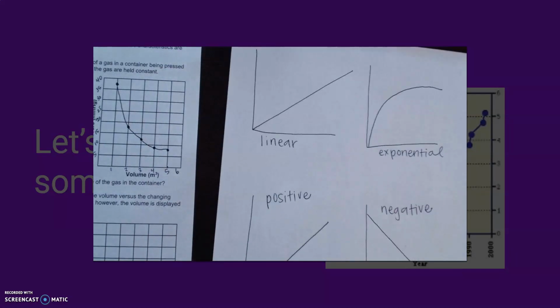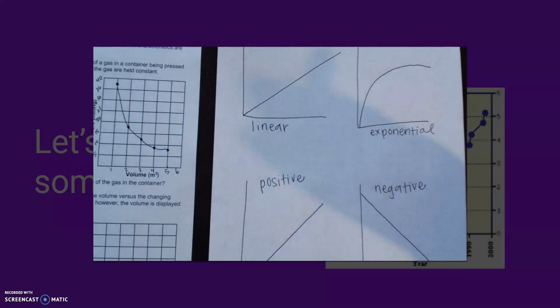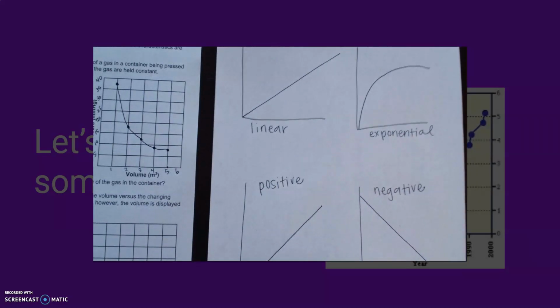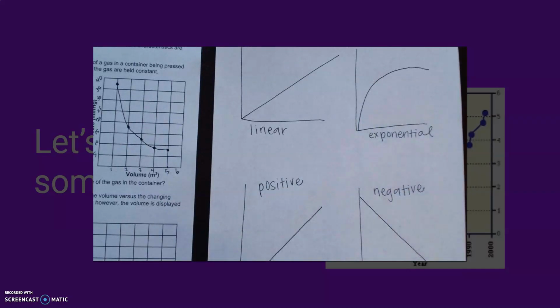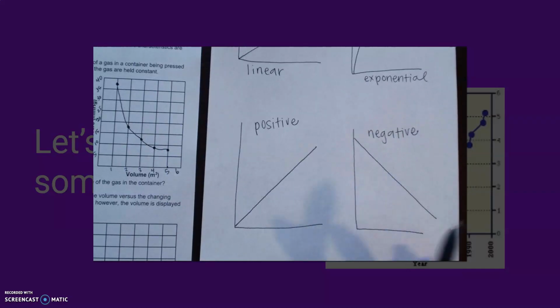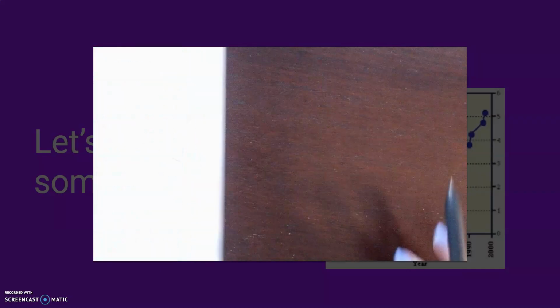So just as a reminder, we want to remember that linear graphs look straight and exponentials look curved. We want to remember that positive is moving up towards the right and negative exponentials are moving down towards the right. These are my positive slopes and my negative slopes. Just as a reminder. So let's get back to our graph.